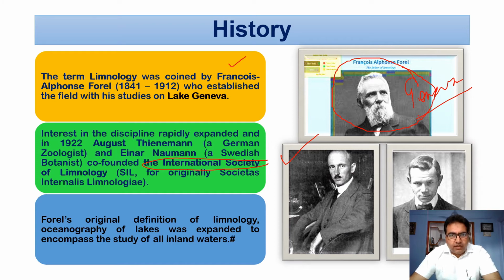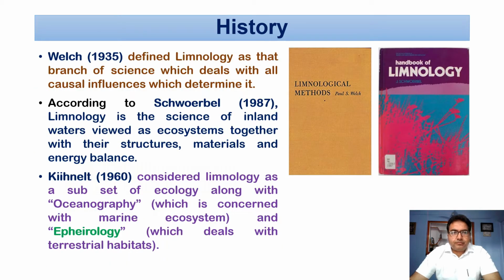So it was the work of Forel on Lake Geneva, on light penetrance, lake stratification, and carbon composition. His work, in the form of the publications and the monograph, led to the foundation of the subject known as limnology.